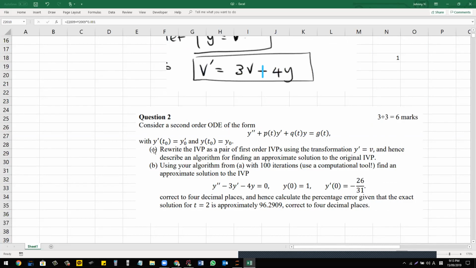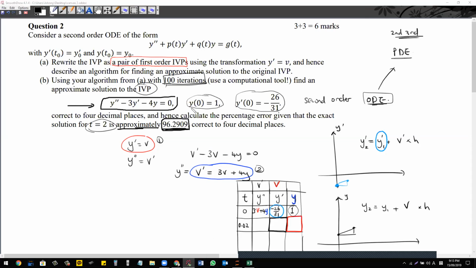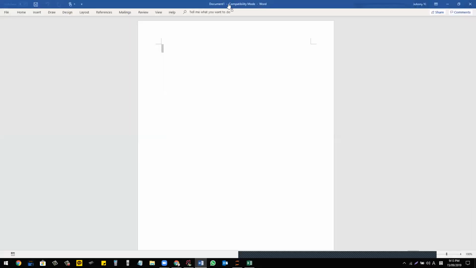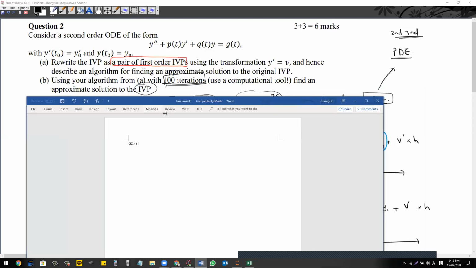And the question is, how do we go about writing this algorithm? It's going to be a bit wordy. Well, let's do our best. So you get the idea, right? So question 2A.